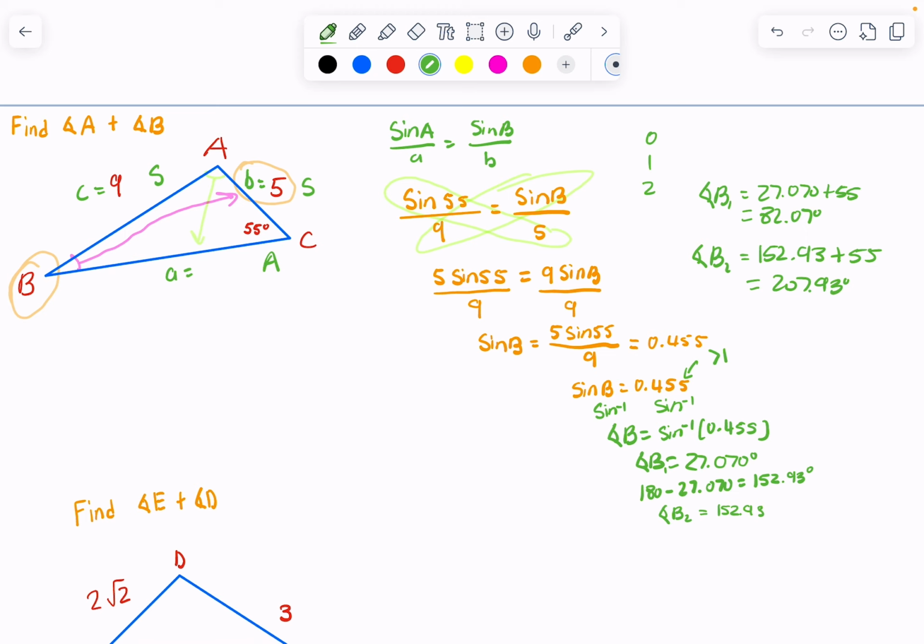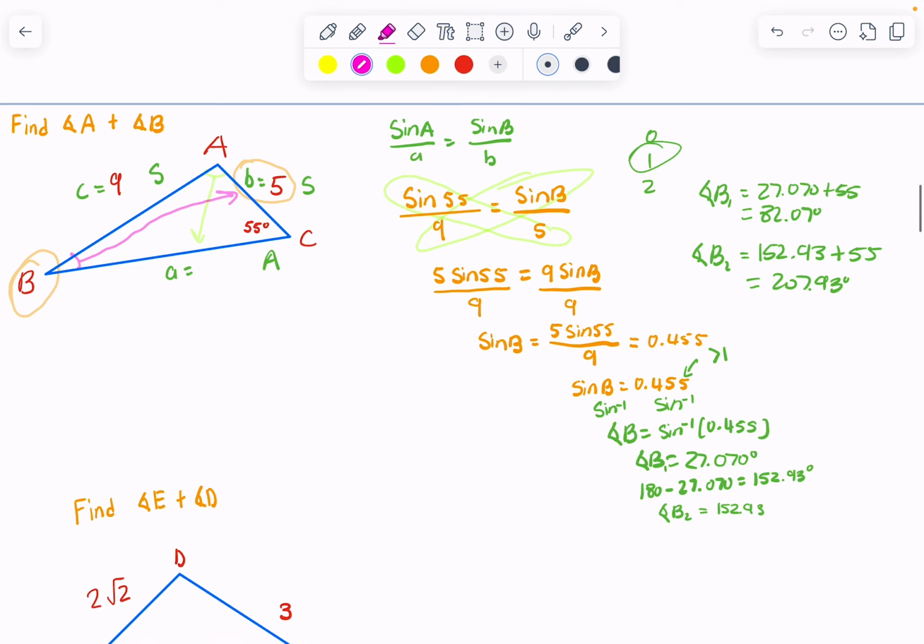So that means there's only one triangle. So we're only going to be using this angle right there. So that's just a more complicated step. I don't know if you're being tested on that. If you are, I'm sorry. It's a lot of work, I know, but it's okay.